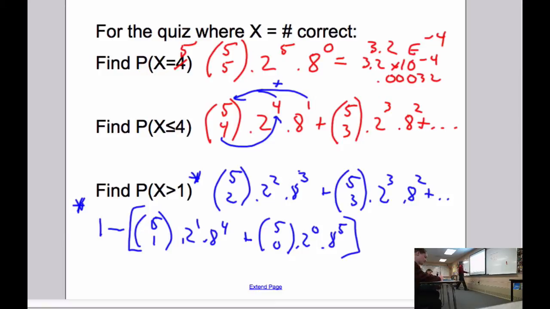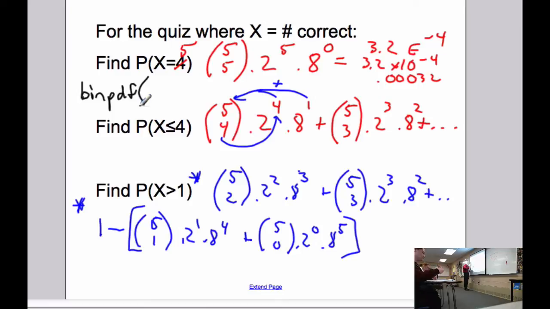And let me write this one in black. First one was find the probability x equals 5. Is it a particular, a specific one, or is it a cumulative? It's a particular because it's equal, right? So it's a particular number. So I'm going to do Binomial Pdf or CDF? Pdf.